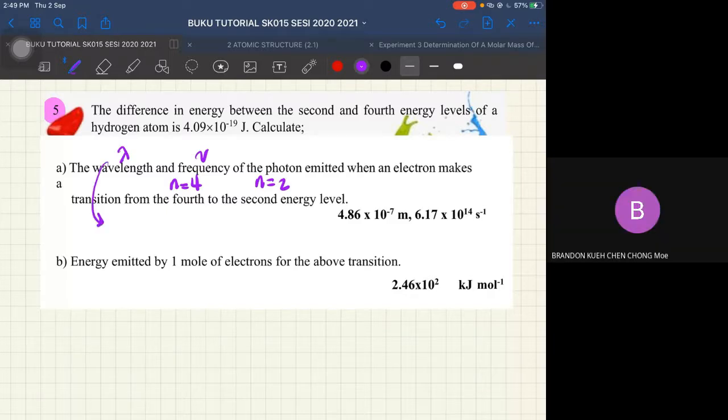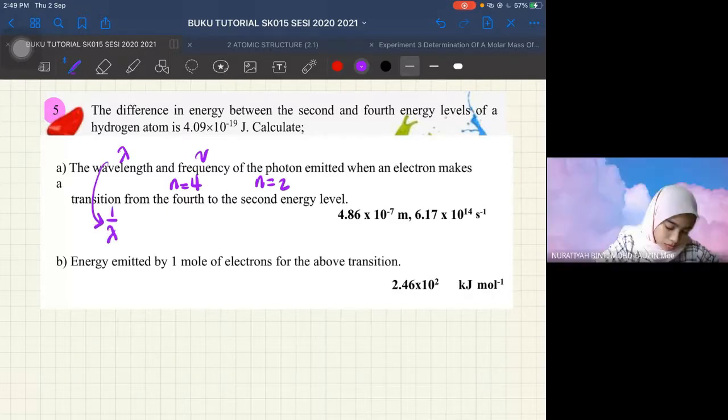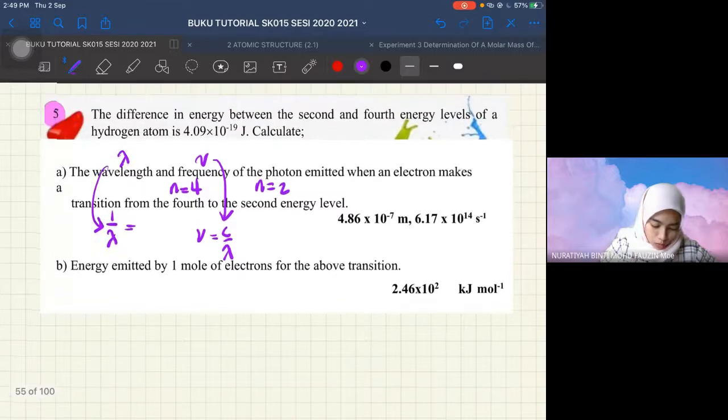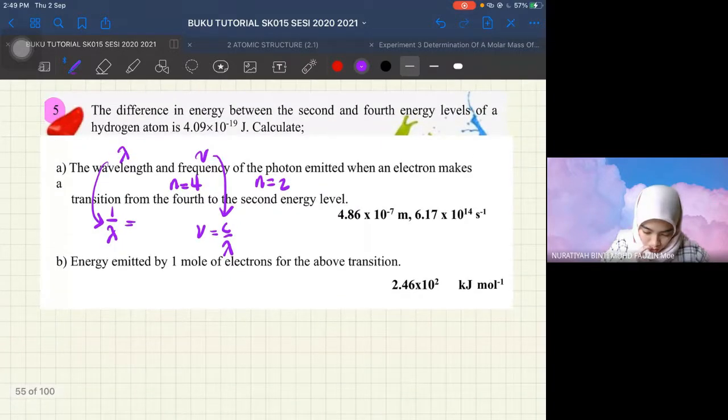Ya. Okay, so awak guna formula tu. Lepas tu dah dapat wavelength, awak boleh cari frequency guna frequency equals to C over lambda. Okay. Lepas tu, tu je lah. Dapat lah. Okay. Next B, energy emitted by 1 mole of electrons for the above transition.